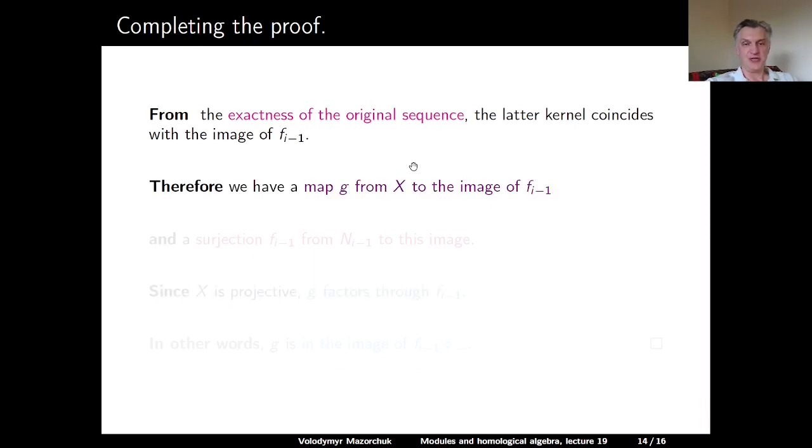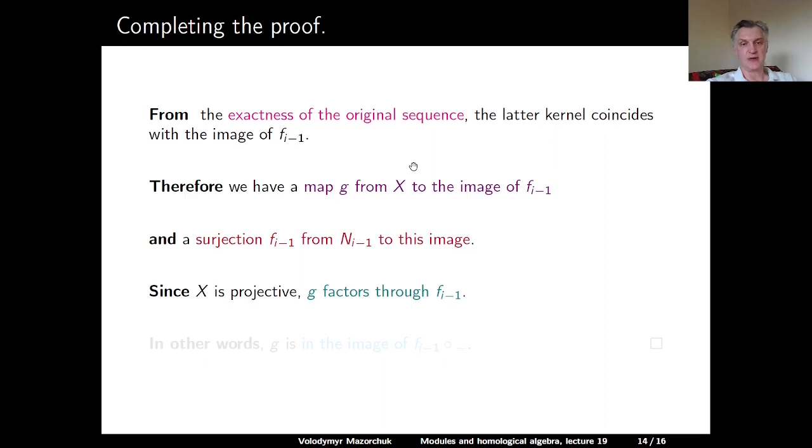So our map g really is a homomorphism from X to the image of f sub i-1. And f sub i-1 induces a surjection from N sub i-1 to the image of f sub i-1. Since we assume that X is projective, we can factor g through f sub i-1, because it is a surjection onto the image, and g maps X onto that image.